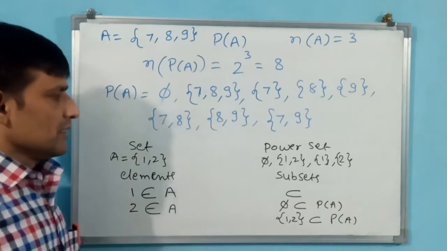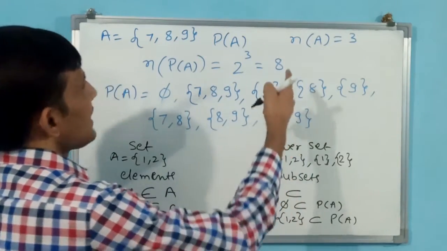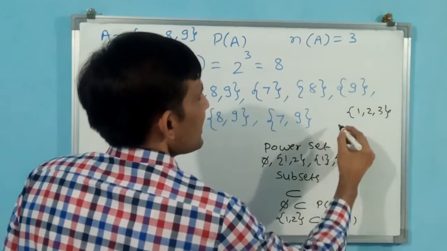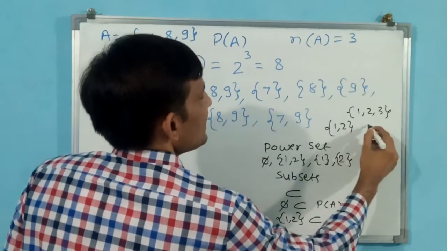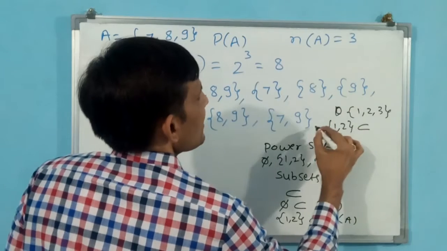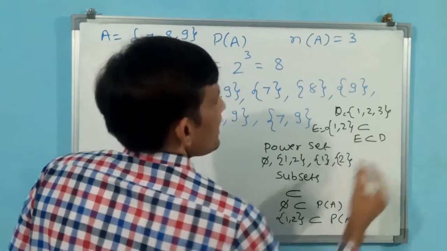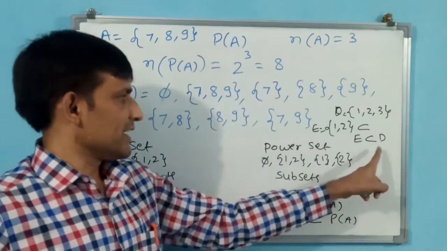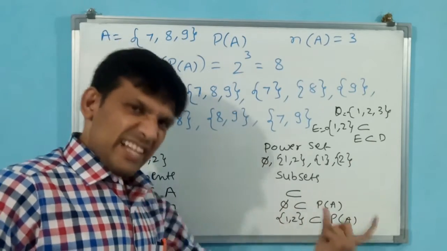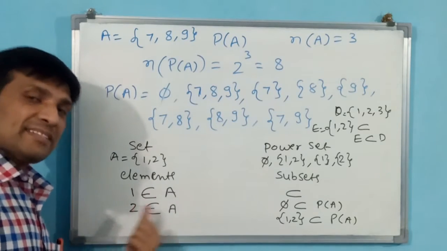Now, it may not be power set, even for a small set also. I have explained to you earlier. You see here, {1, 2, 3} is there, but {1, 2} is a subset of this one. Say this is D, and this is E. E is a subset of D. Why? Because all elements in E are there. Now, subset comparison is between sets, but belongs to comparison is between elements and set.